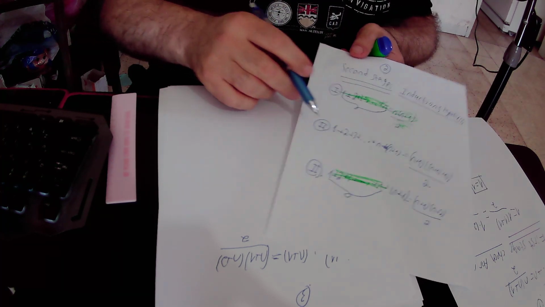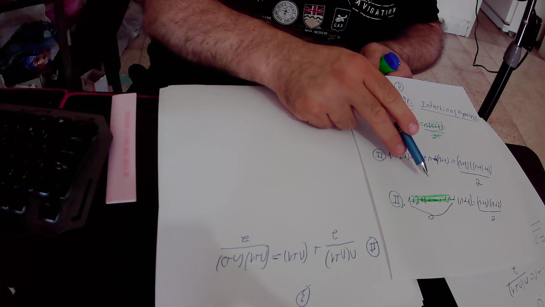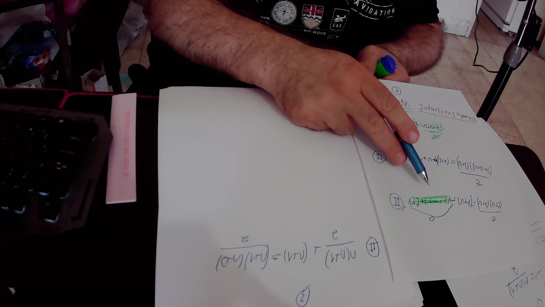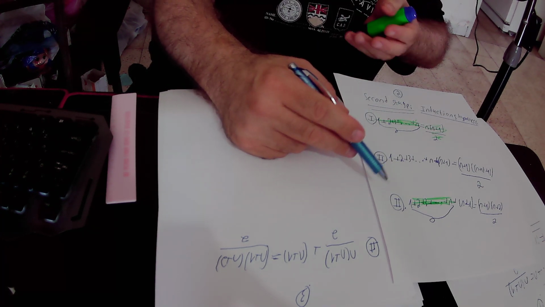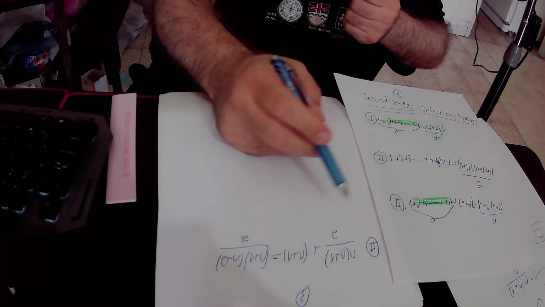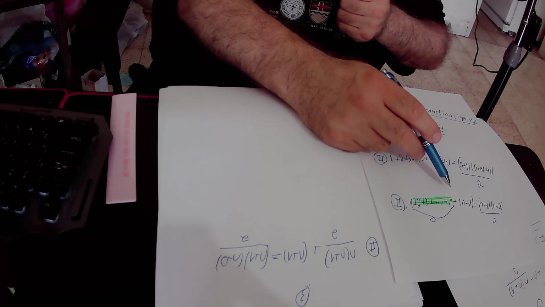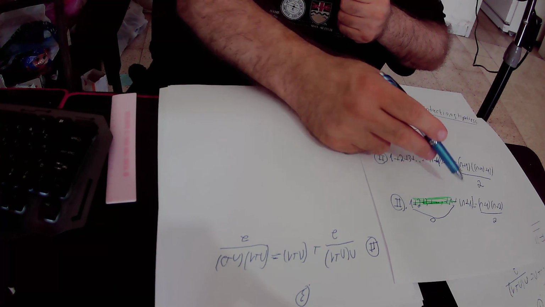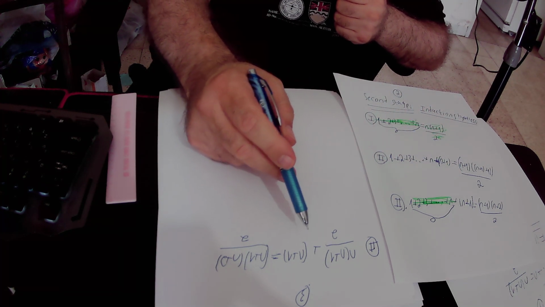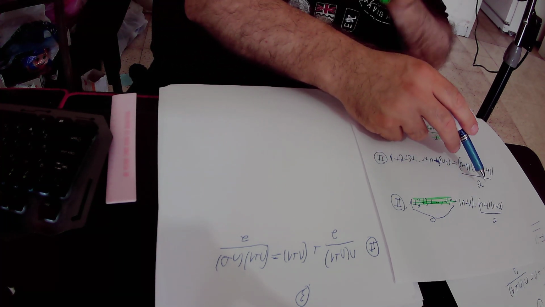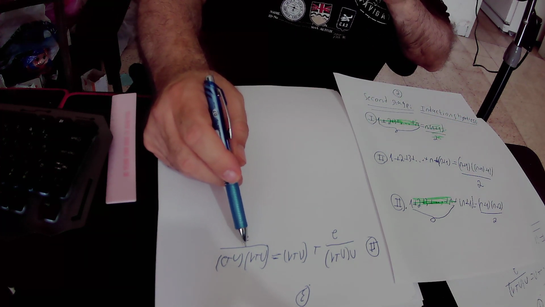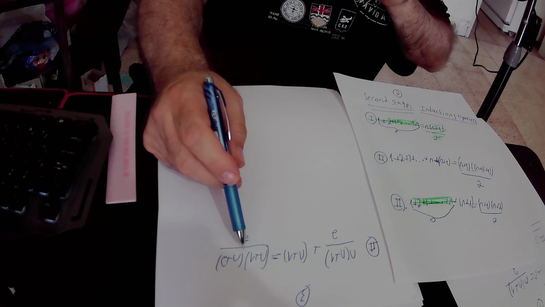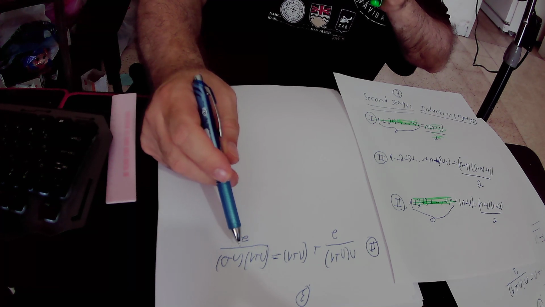Okay, so I substituted this expression by n times n plus 1 divided by 2 because they are equal to each other, and n plus 1 I copied here, equals n plus 1 times n plus 2 divided by 2. So I copied it to this equation.